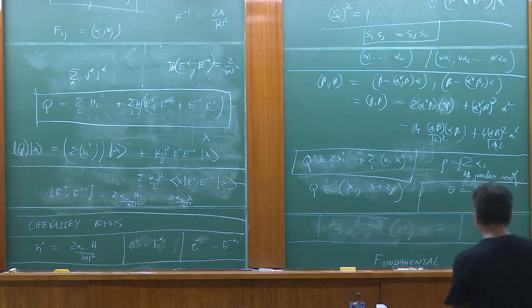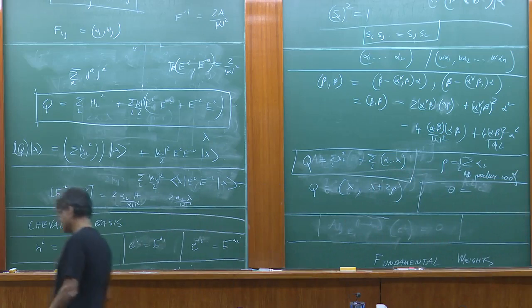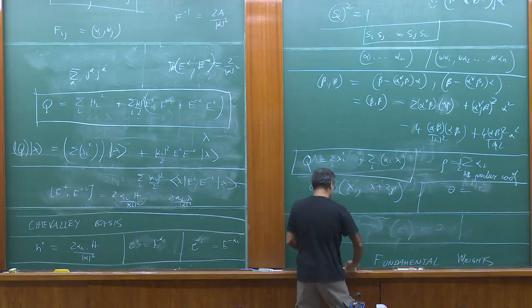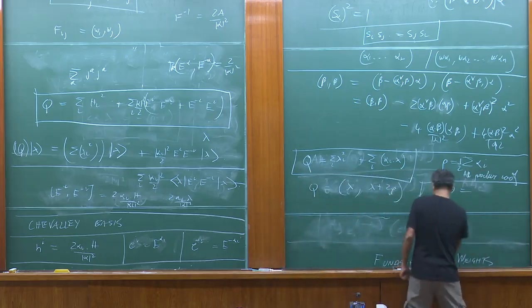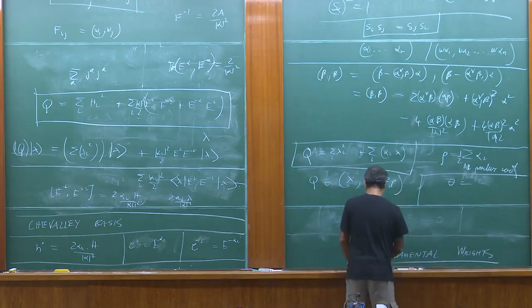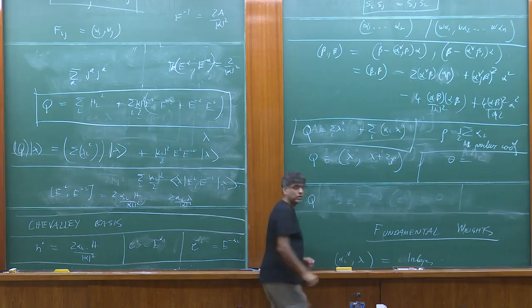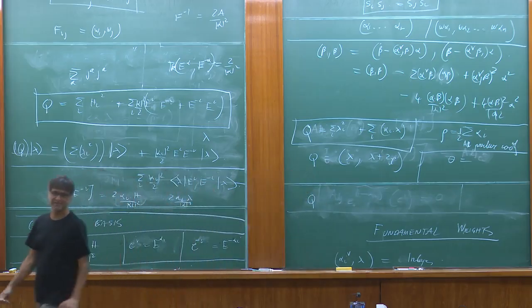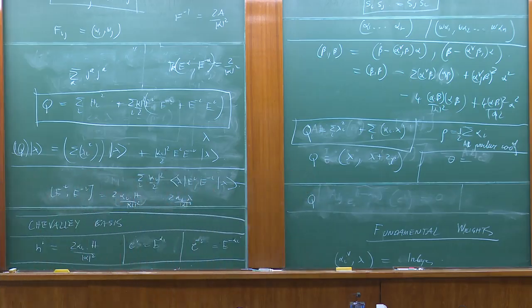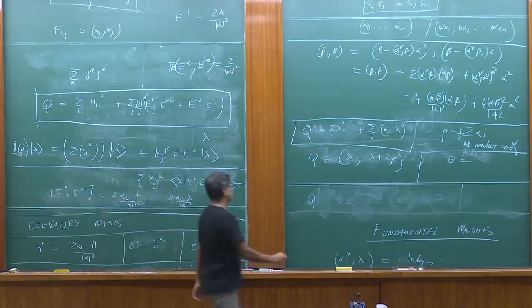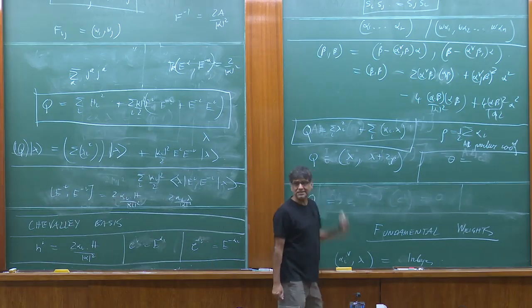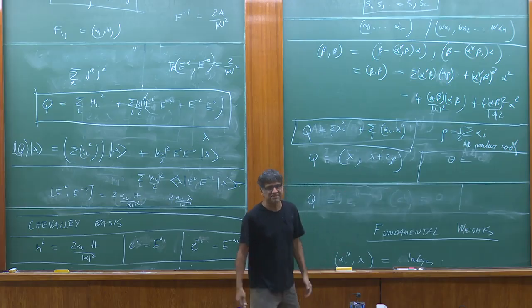So as an application, let us work out the value of the quadratic Casimir for the adjoint representation. The quadratic Casimir for the adjoint representation is just this, but with lambda replaced by theta, because it's the highest weight vector for the root system.